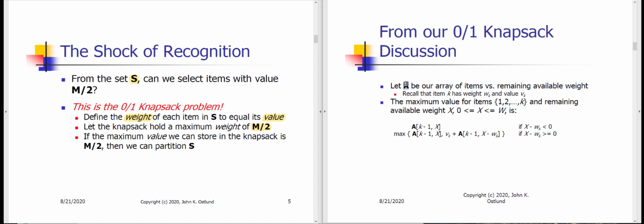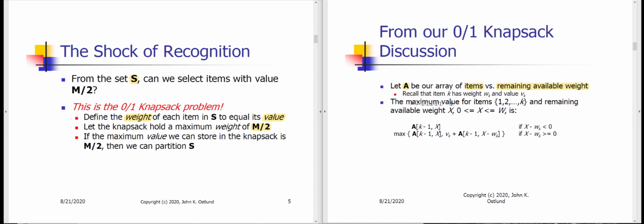We set up a two-dimensional array A in which the rows were the items that we had available to put in our knapsack, and the columns were the remaining available weight that we hadn't yet filled. Each item, the kth item, has both a weight and a value, w sub k and v sub k. In our particular case for the partition problem, w sub k and v sub k are going to be the same value.